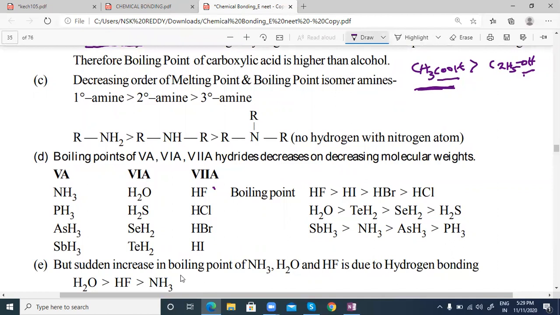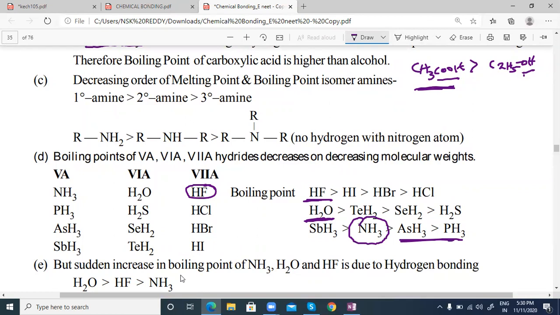That's why it has a higher boiling point. You can check it: HF has strong hydrogen bonding compared to all these others. H2O also has hydrogen bonding, that's why it has a higher boiling point. Just compare all these. Ammonia also has hydrogen bonding, that's why it has a higher boiling point than these two. Got it?